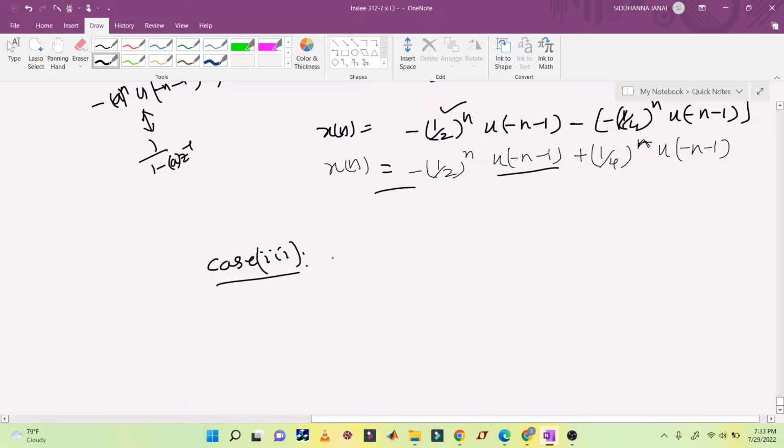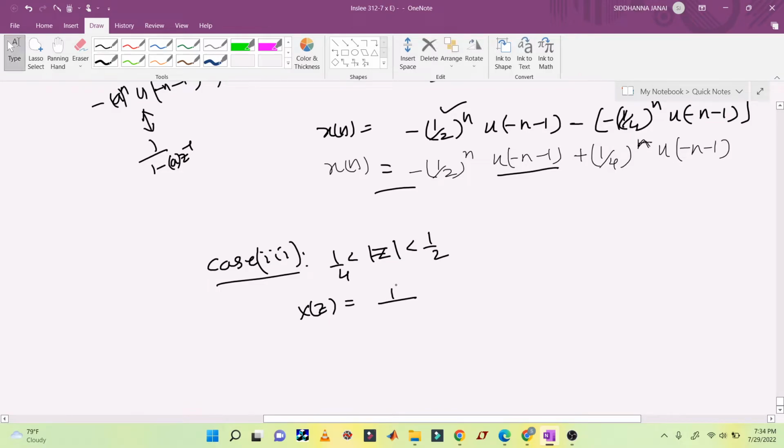Case 3. In this, magnitude of z is greater than 1 by 4 but less than 1 by 2. So again to solve this we need to look into x of z. Writing it every time is not wrong, please write it.